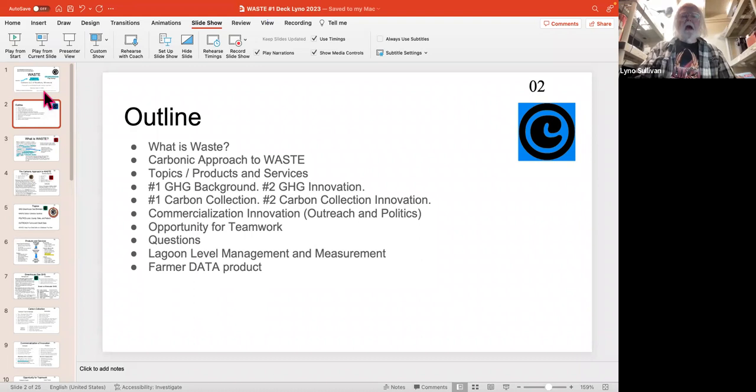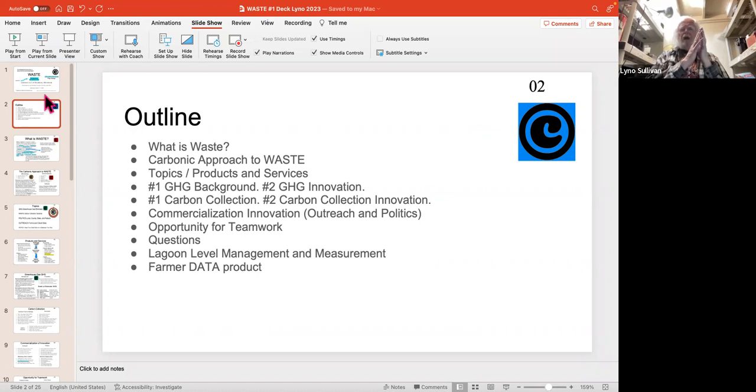They're easier. So outline, and here's the topics we're going to cover. The blue, that's the brand, the symbol, the circle C is a symbol of Carbonic, and I color it and use it for various purposes. So our outline: what is waste? What's Carbonic's approach to waste?